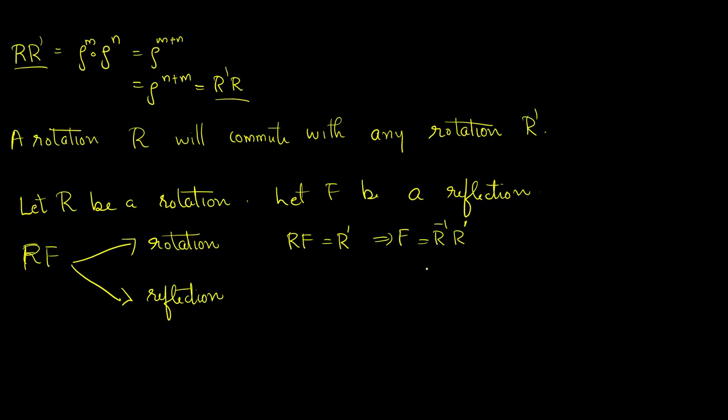Now this R inverse is also some rotation, say S, so S times R prime, where S and R prime are both rotations. Again it will look like rho power p into rho power n, which is rho power p plus n. What I am saying is that the composition of rotations is again a rotation, right?